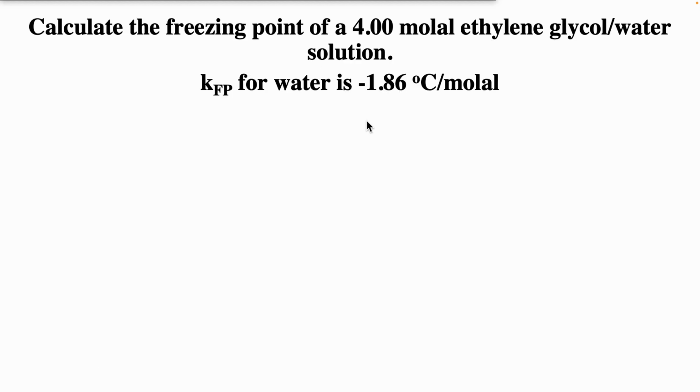So calculate the freezing point of a 4 molal ethylene glycol water solution. The Kf for water is minus 1.86. Again, sometimes that negative is in the table, sometimes not. Just remember that the change in the freezing point is always negative. Now this is the same solution that we calculated the change in boiling point for, and saw the change in the boiling point was 2.